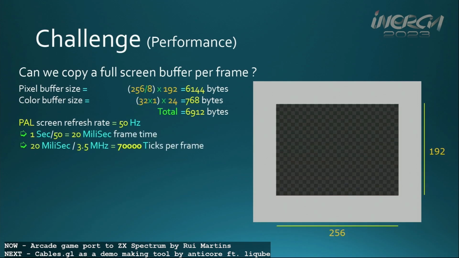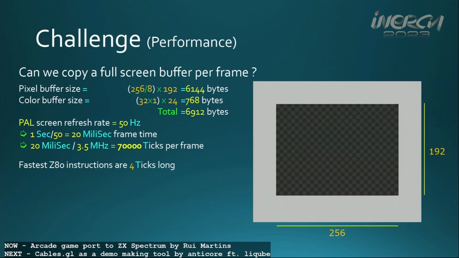We know the PAL refresh rate on a Spectrum, which is European, it's 50 Hertz. That means we have 20 milliseconds per frame. So 20 milliseconds divided by the clock frequency, we have about 70,000 ticks or clocks per frame.